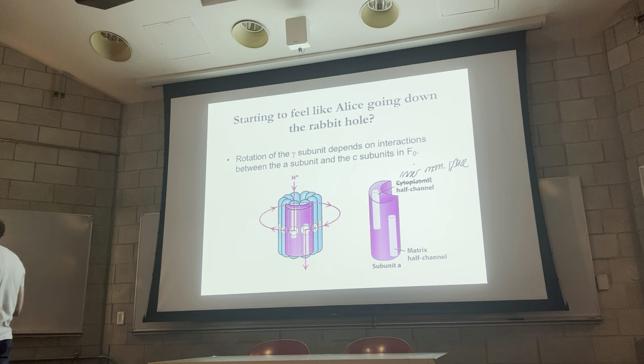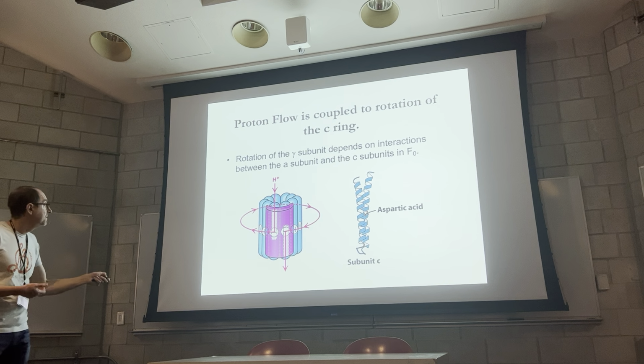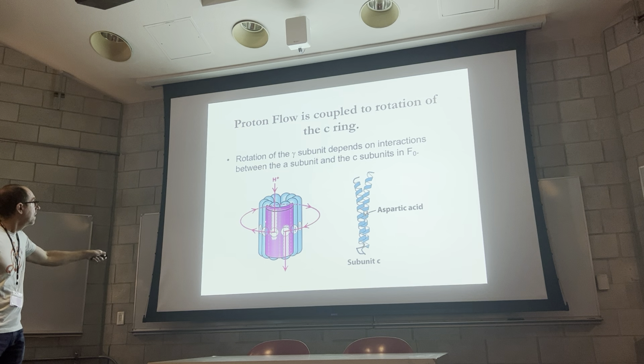Let me show you now why that's the case. This slide is just showing you what a C subunit looks like. It's two alpha helices interacting, and here is the aspartic acid, where we can now say, in the language I taught you, that the pKa of that aspartic acid is going to be different in these two different environments.